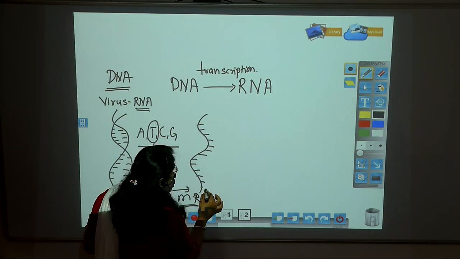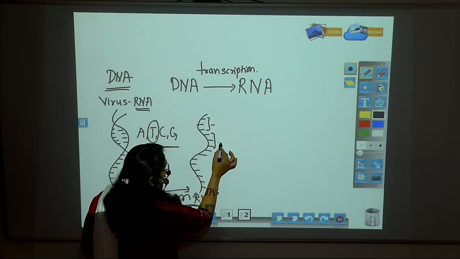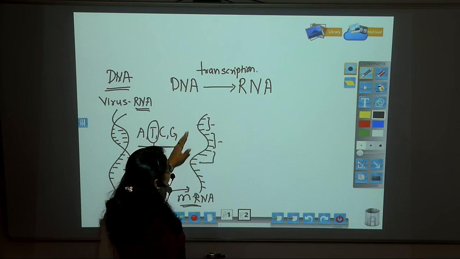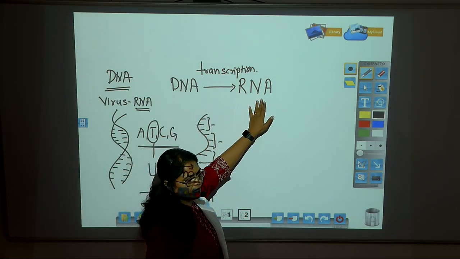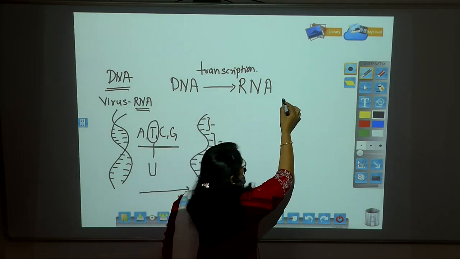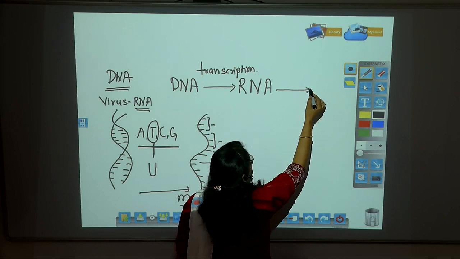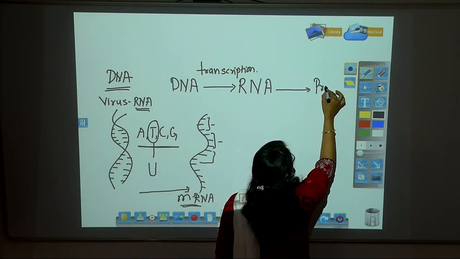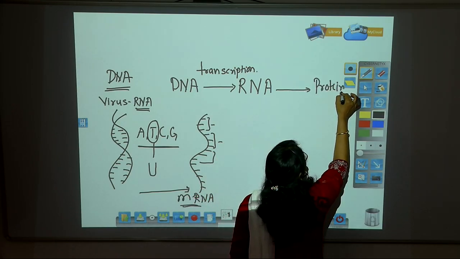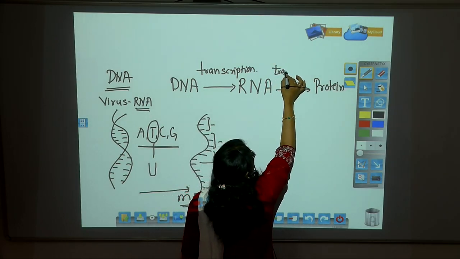It will always be in threes. So this is one code, this is another code. All the coded information from the DNA will be carried to RNA. This is messenger RNA. Then it will again be decoded to form a protein. This is now called translation.